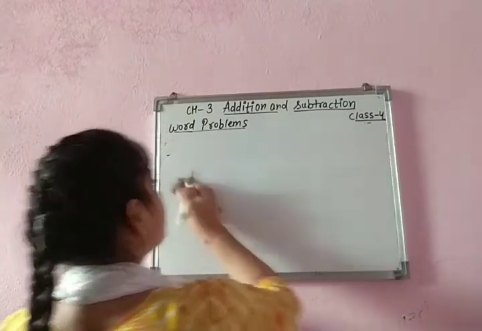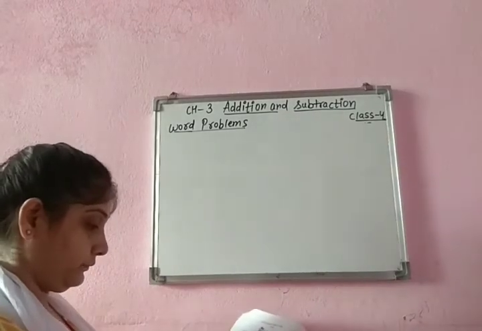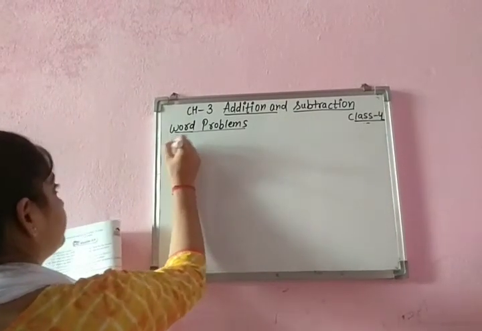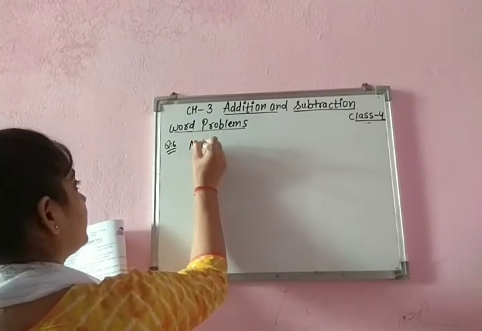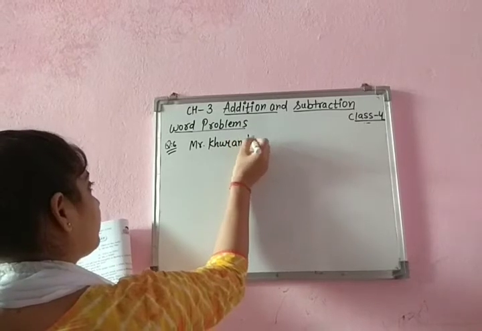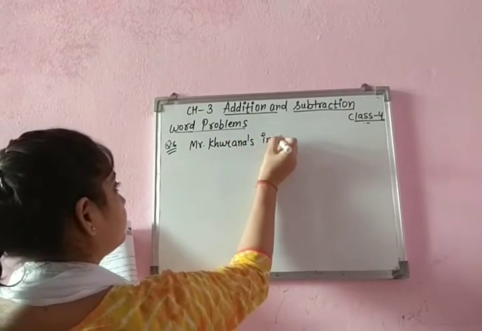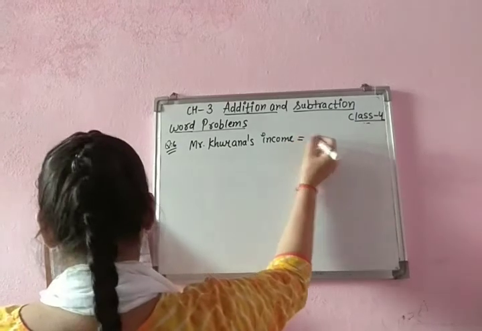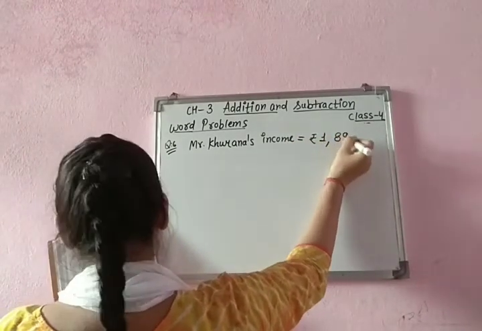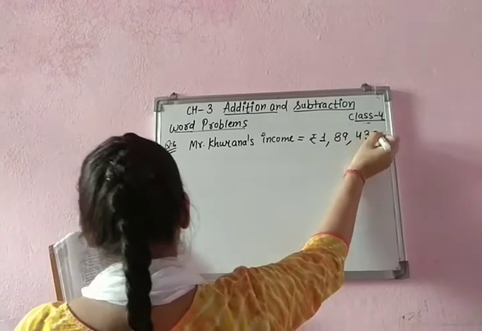Question number 6. So I am writing, because Mr. Khurana's income is more, so I am writing first Mr. Khurana's income. It is rupees 1,89,432.